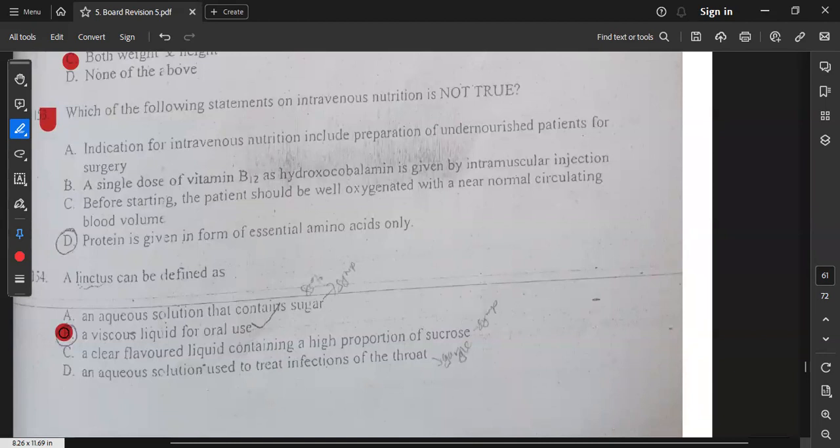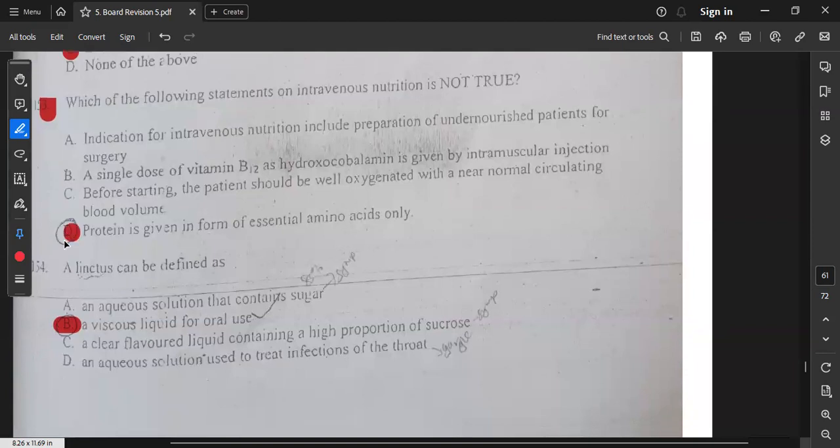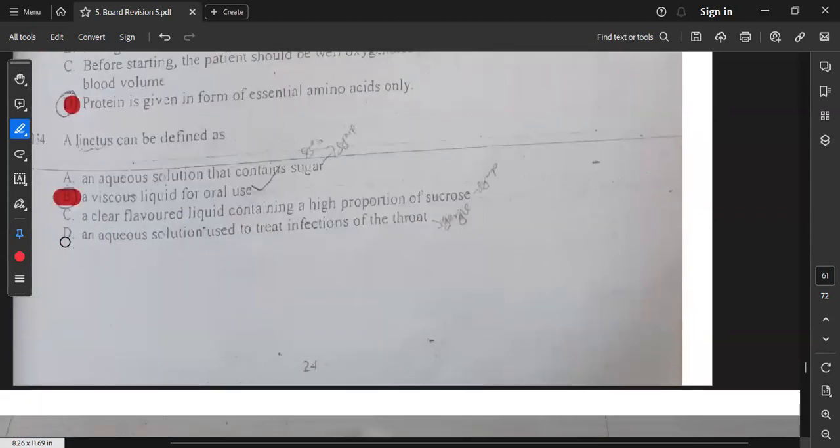Okay. Dr. Gaius says it is C. No, B. Sawa. For the answer, we had already chosen that.